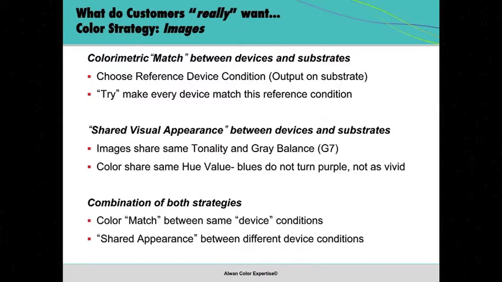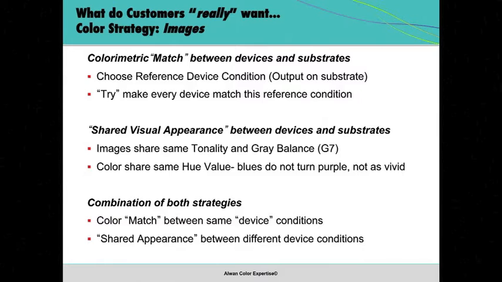So as you can see, most companies that are involved in reproducing color require a combination of both of these strategies. You'll use color match in scenarios such as proofing, as well as when you have, let's say, so much volume of this one type of work that you need 3 different devices to keep up with that volume.